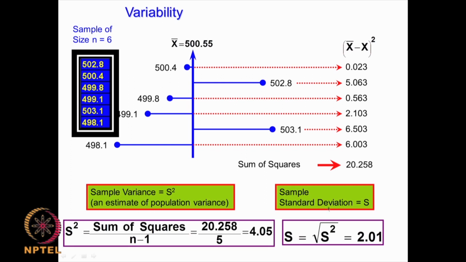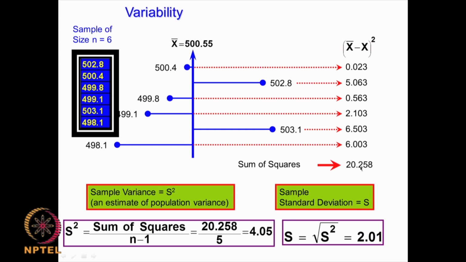This is called sum of squares, and this is also related to variance. The sample sum of squares divided by n minus 1, where n is the number of data points, is called the sample variance. So I take the difference between the x bar, which is the mean, and the data point, square it up, I add up, and there I get something called sum of squares.